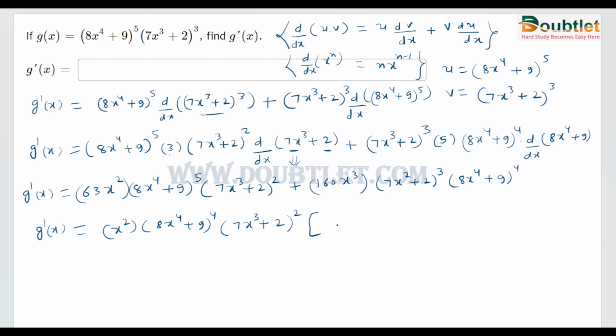So here it will become 63 times (8x^4 + 9), and here it will become 160 times (7x^3 + 2).